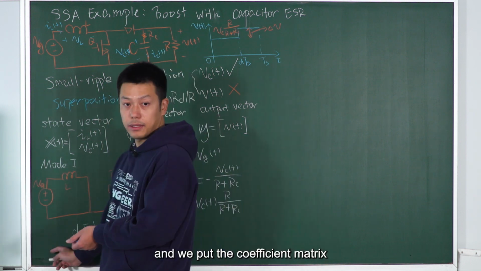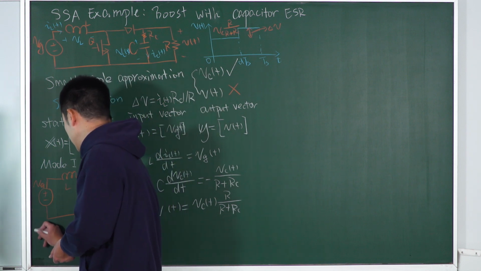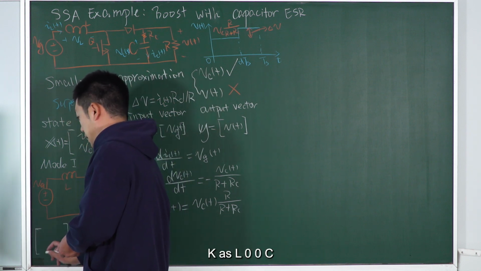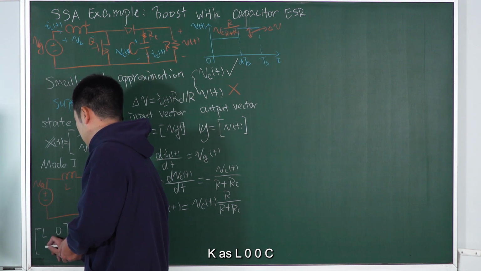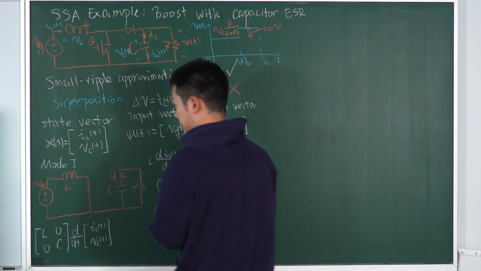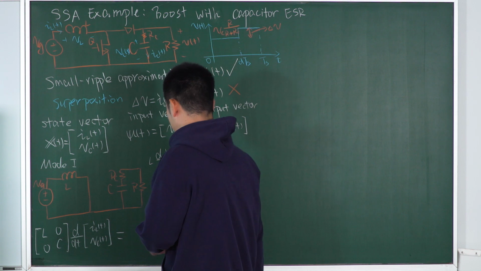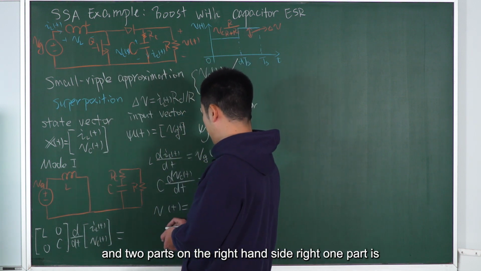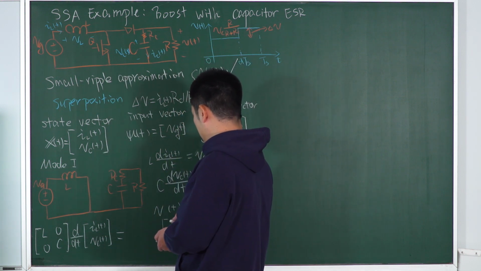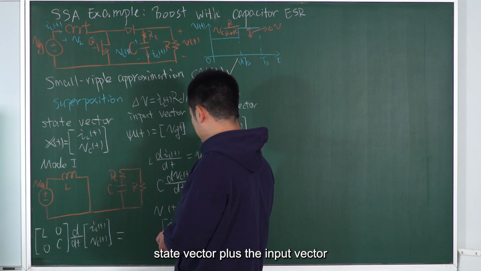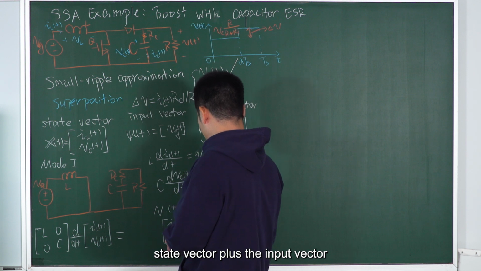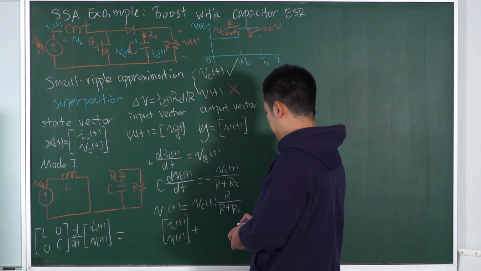And we put the coefficient matrix K as L, 0, 0, C. And there are two parts on the right-hand side, right? One part is the state vector plus the input vector.